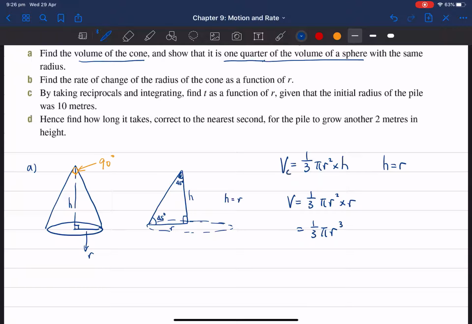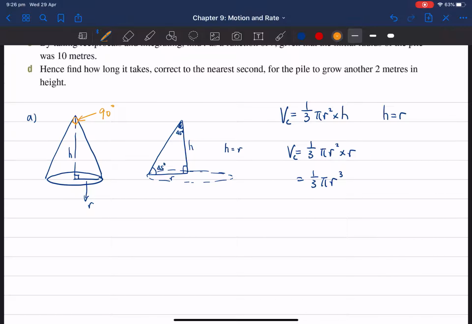Let's write down the volume of the cone here. The next one is the volume of a sphere. From memory, the volume of a sphere is 4/3 pi r cubed. So now it's really clear: the volume of a cone is 1/3 and the volume of a sphere is 4/3.